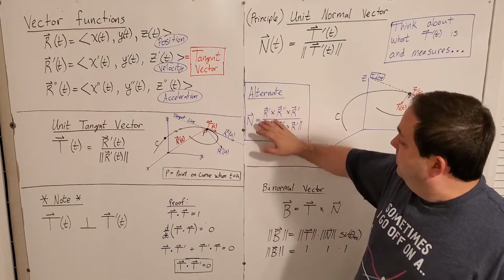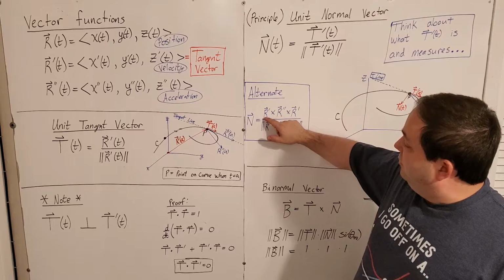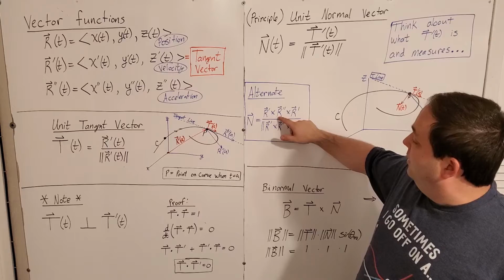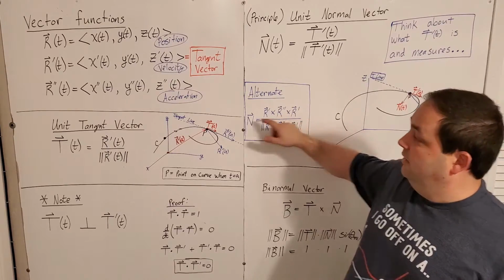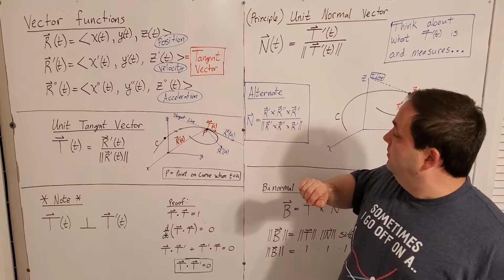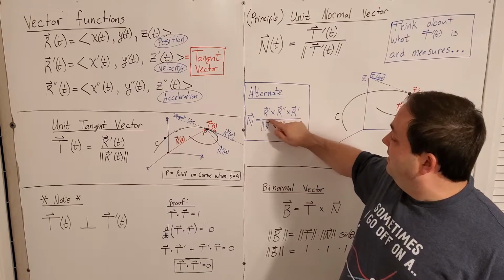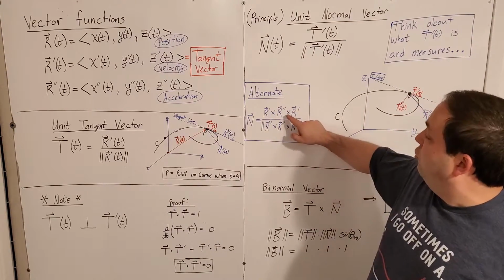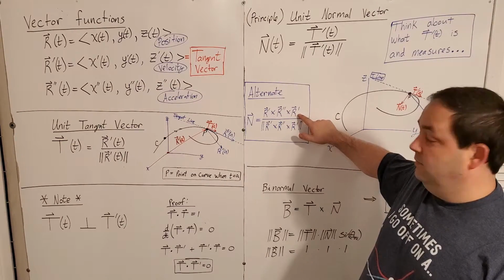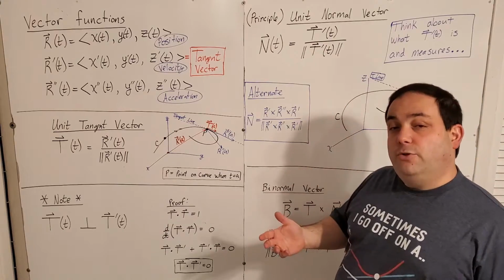Right here, if you take the derivative vector function and cross product that with the second derivative of the vector function, then take that result and cross product it again back with the first derivative, okay? You'll get a vector.